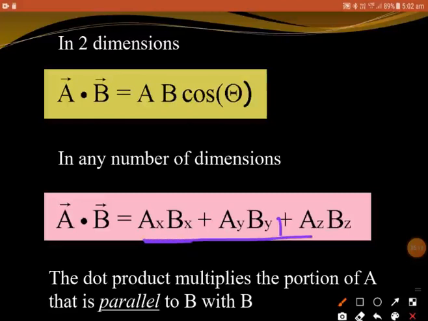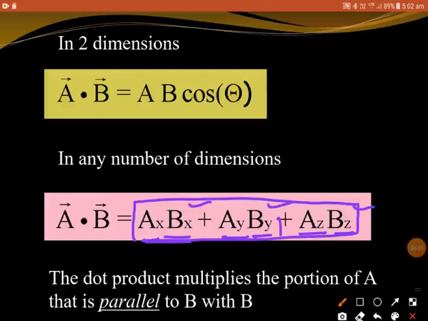So what happened? If you take the dot product of two vectors, then only the parallel components will survive: x-axis with x-axis, y-axis with y-axis, z-axis with z-axis. So this will give you a dot b vector. Now when you see here, there is no direction at all. In this first term also, no direction, no i, j, k. Got it? So this is your dot product. Got it?